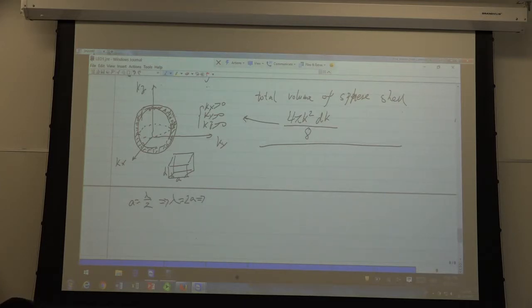Then k is 2 pi over lambda, equal to 2 pi over 2a, equal to pi over a. So this means in the spatial domain, for this 1D problem along x, this is the minimum resonance frequency, a half wavelength.